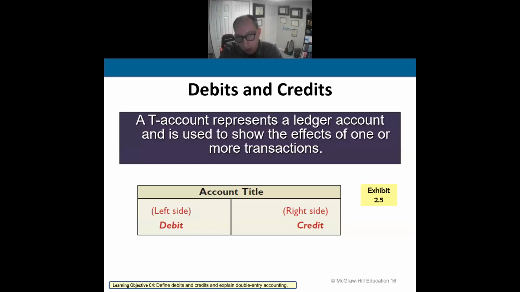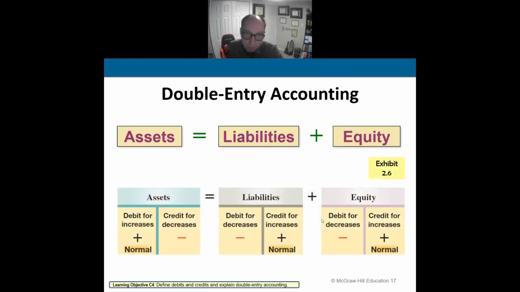Left side debit, right side credit. And every single account looks this way, okay? The debit's always going to be on the left. The credit's always going to be on the right. Every single transaction starts with a debit account and ends with a credit account.